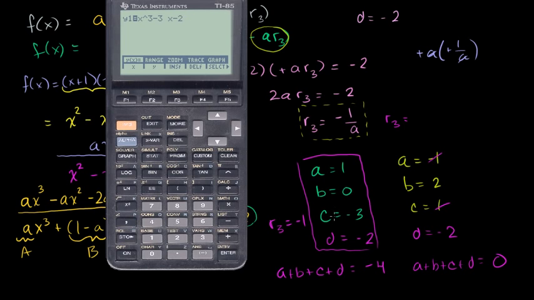So that's this one, where we pick this choice of coefficients. And then let's do this choice of coefficients. So we have minus x to the third, right? a is minus 1, plus 2x squared. And then we have plus x, c is 1, plus x minus 2.